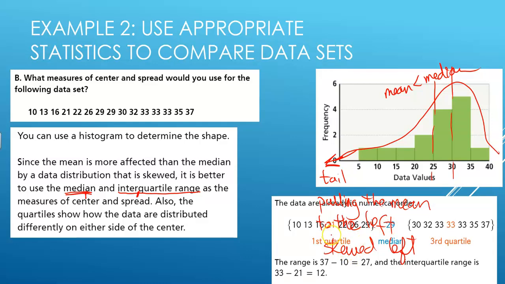But you can see here that 21 is the first quartile, median is 29, and the third quartile is 33. The range then is the highest minus the lowest, max minus the min, and I get 27. And the interquartile range is 33, my third quartile, minus 21, my first quartile, so that's 12.